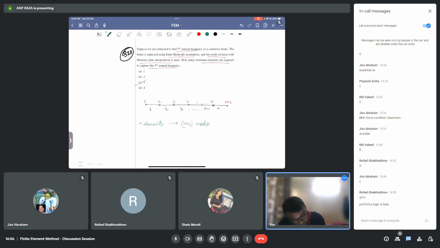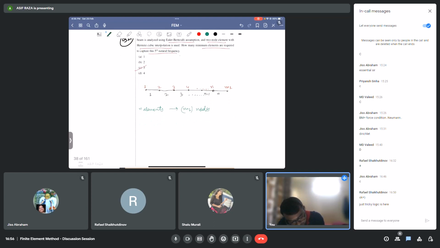At each node there are 2 degrees of freedom associated with it. One is the shear deformation and one is rotation, right? So we have 2 degrees of freedom per node.